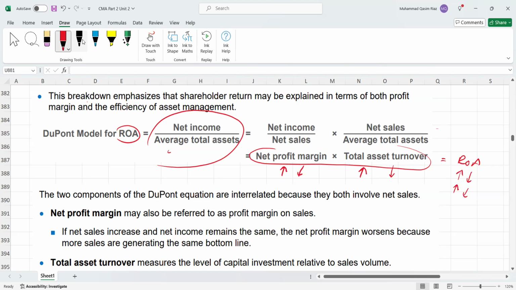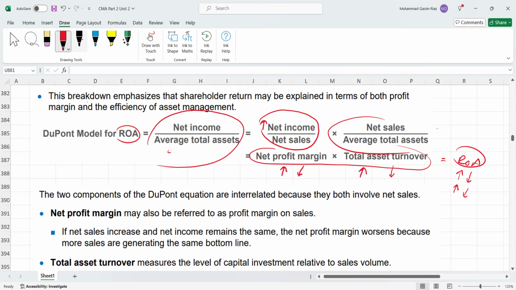So sometimes they will ask a question, and sometimes, guys, in a theoretical question, he will give you information about the formula's components. For example, under net profit margin, he would ask you, what if the net income increases? What will be the effect on return on asset?